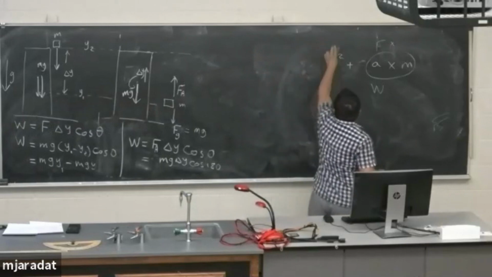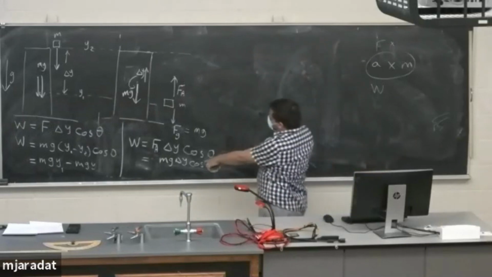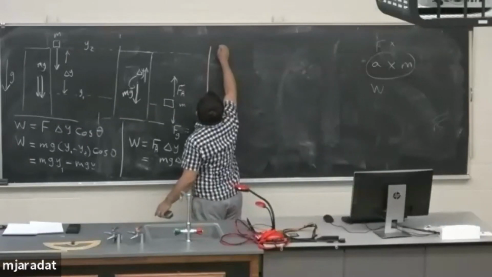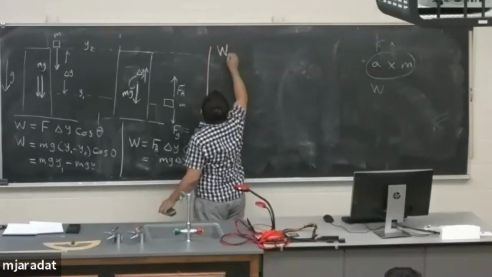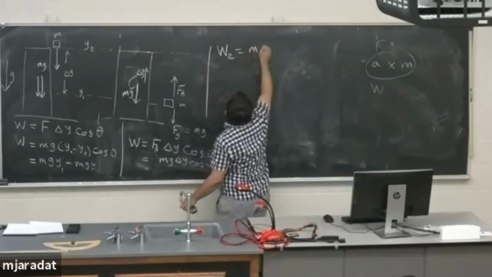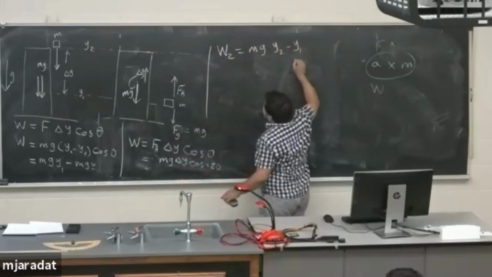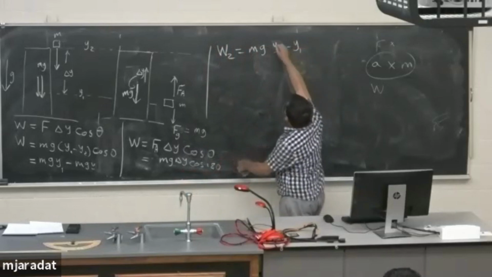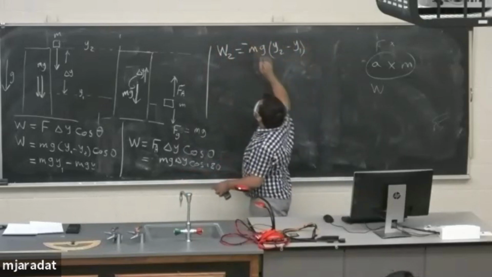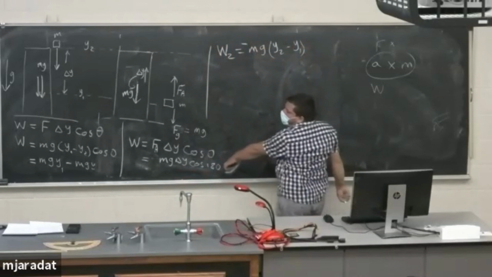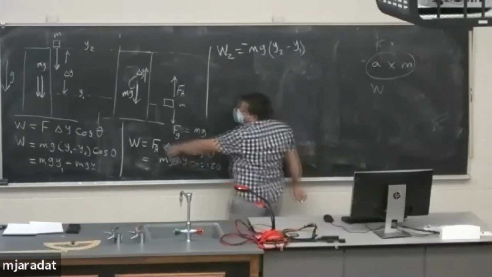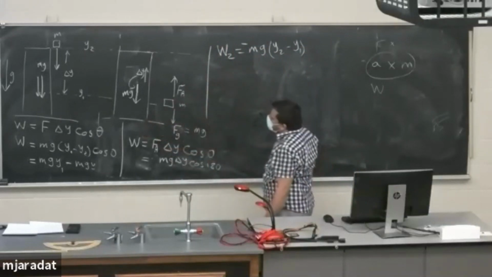Now, the work in the second case is equal to mg times y2 minus y1 with a negative sign, because cosine 180 is negative.